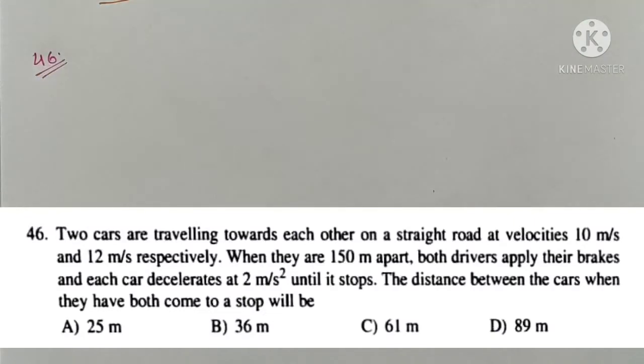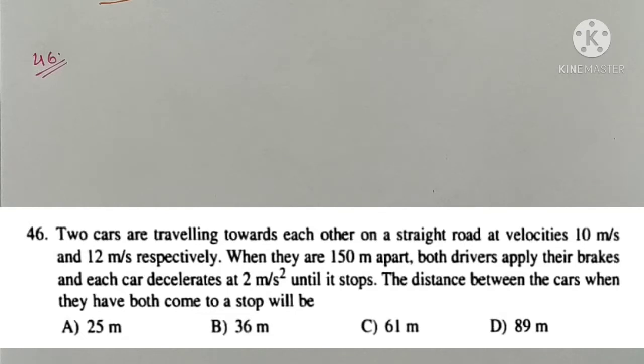Question number 46. Two cars are traveling towards each other on a straight road at velocities 10 meter per second and 12 meter per second respectively. When they are 150 meter apart, both drivers apply their brakes and each car decelerates at 2 meter per second square until it stops.